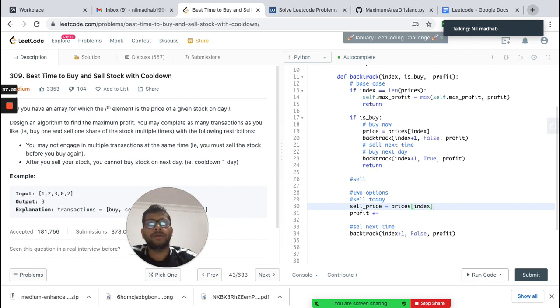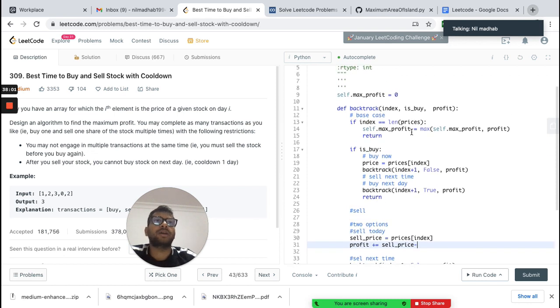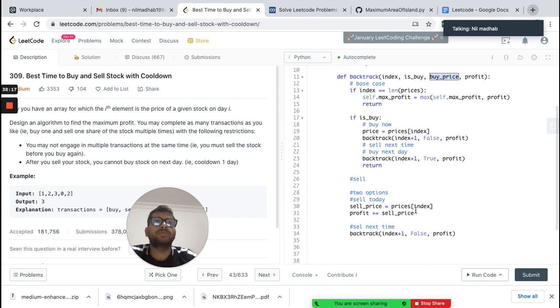So the profit will be sell price minus buy price. We have to pass one more variable: when I bought it, what price I bought it at.